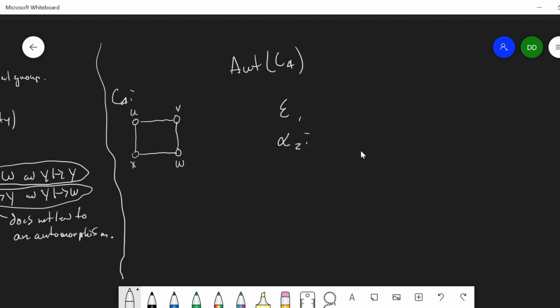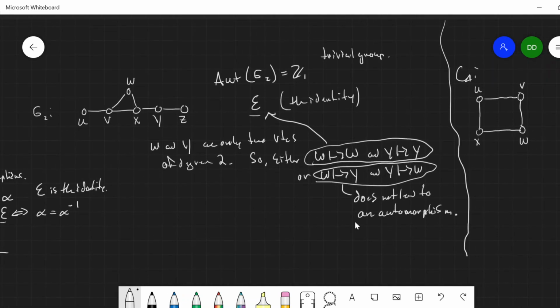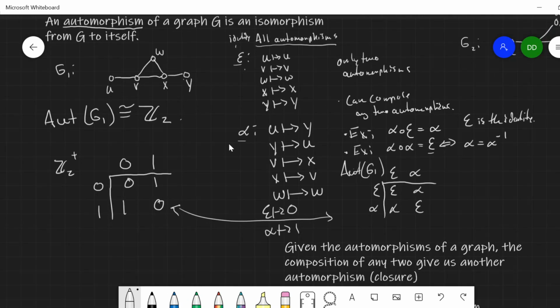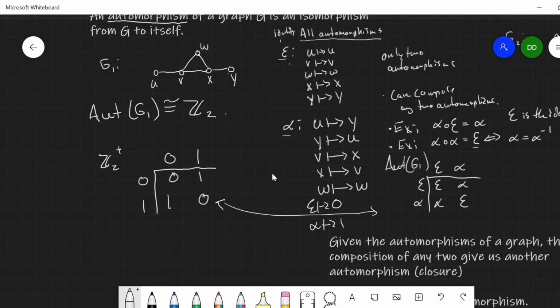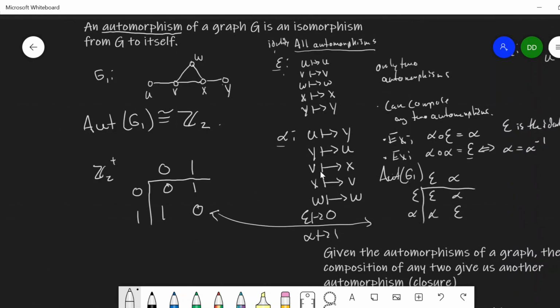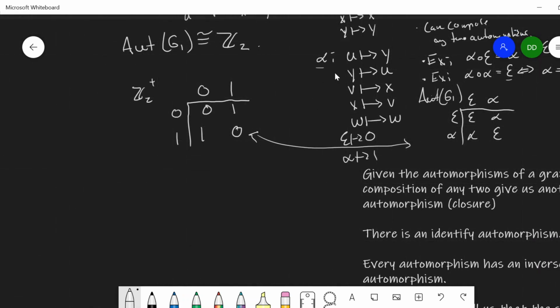Actually, before I do this, I'm going to give you another way to express these automorphisms. Here I'm expressing my automorphisms by just giving you the mappings from vertex set to vertex set, like I did with G1. But there's another way I can express these automorphisms. I can use cycle notation. So here with alpha, let's take maybe alpha and go down here. So U gets sent to Y.